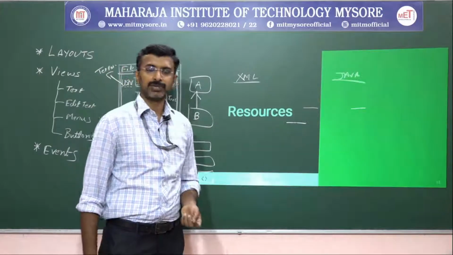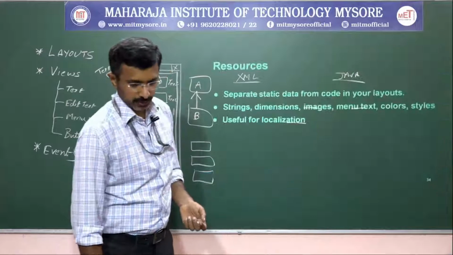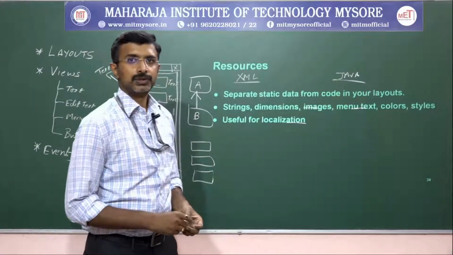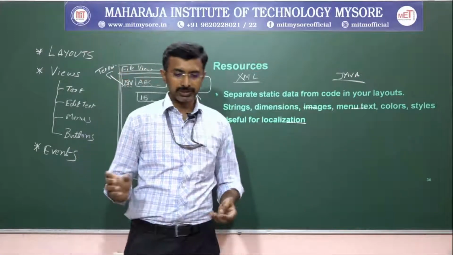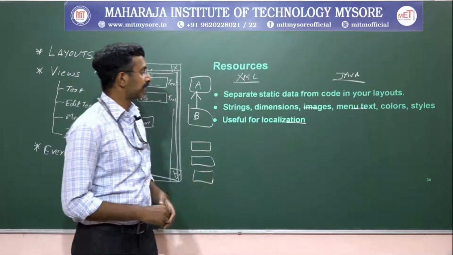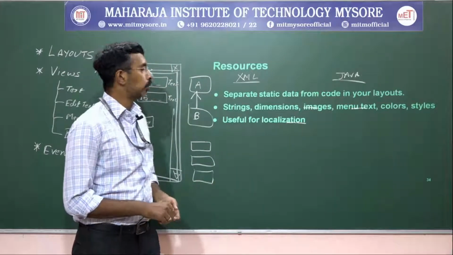And at the last, the resources. What are the resources? They separate static data from code in your layouts. You can have strings, dimensions, images, menu text, colors, and text, useful for localization.